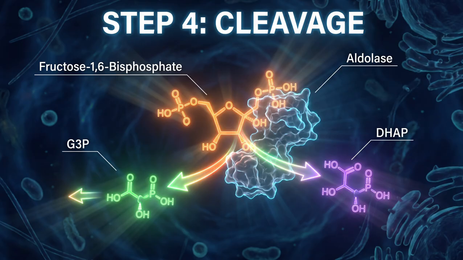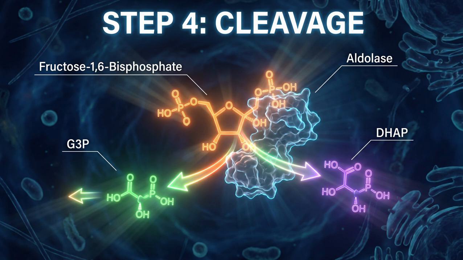This DHAP that you just made will also be converted to another glyceraldehyde 3-phosphate. So now one glucose has given you two glyceraldehyde 3-phosphate molecules. Why is it happening twice? It's happening twice because this one DHAP will also become G3P, the glyceraldehyde 3-phosphate. So you're getting two glyceraldehyde 3-phosphates.